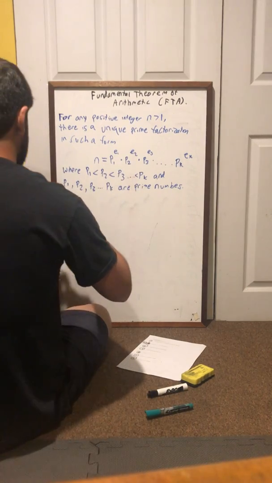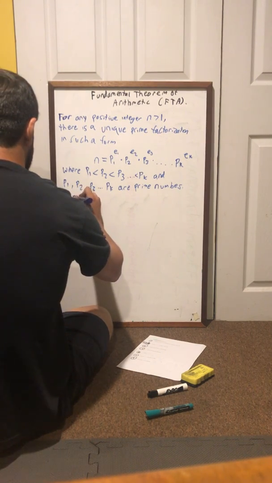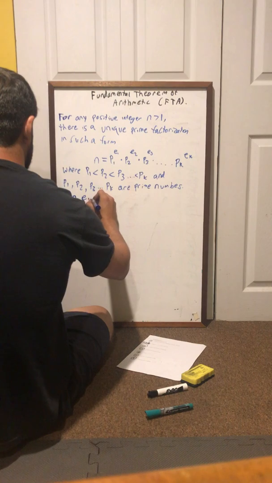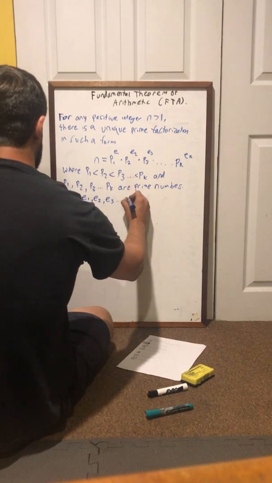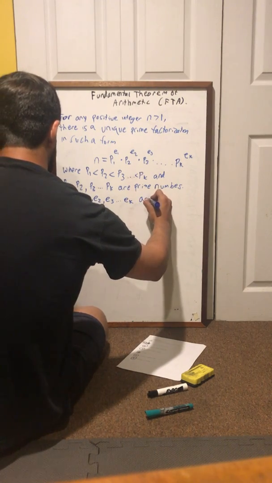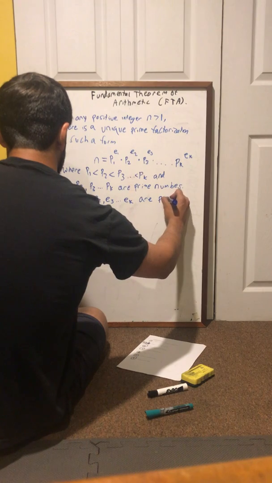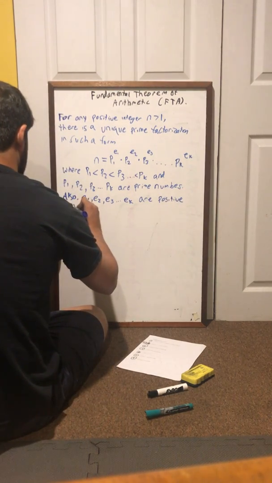Also, e1, e2, e3, all the way up to ek are positive integers.